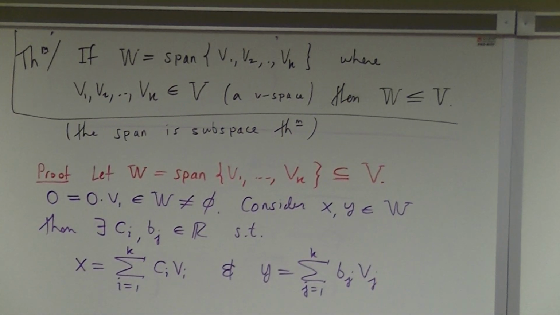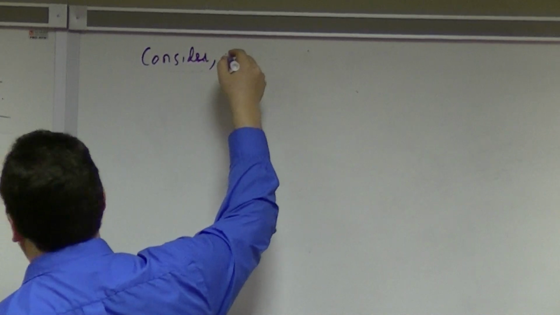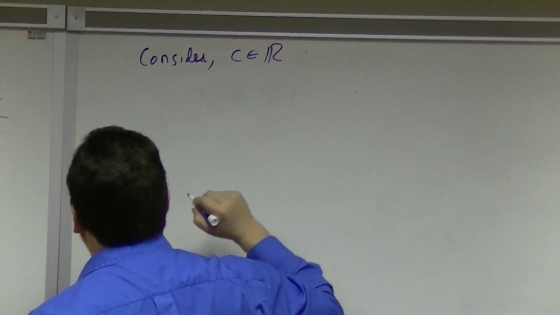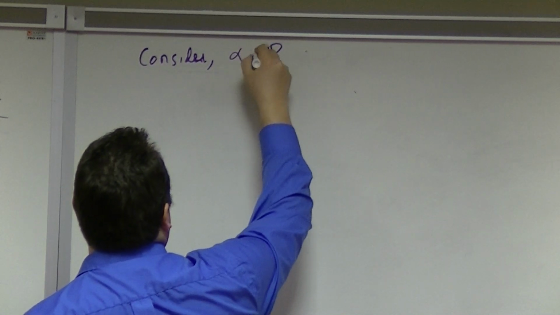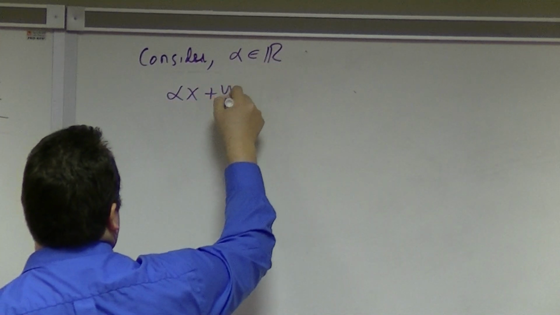Okay, so getting to the point here, I'm not sure what you mean yet. So consider c a real number. Well, I'm using some other c. Let's pick some other real number. How about alpha? Alpha a real number. So let's look at alpha x plus y. What do we have?